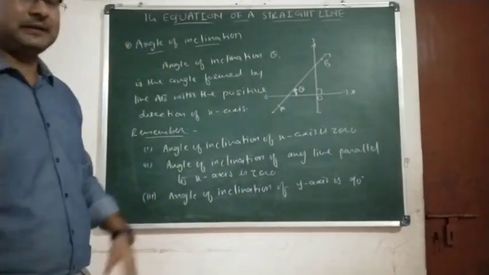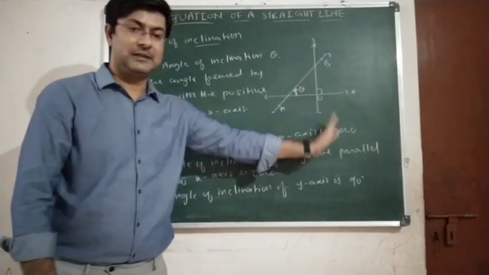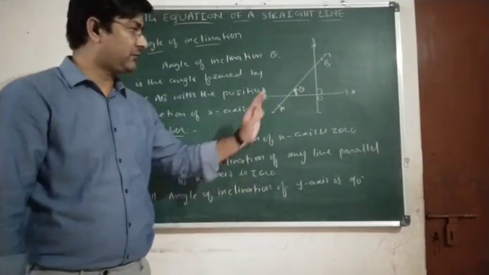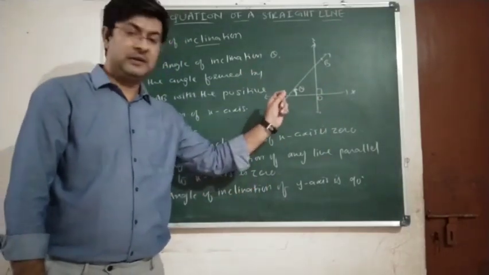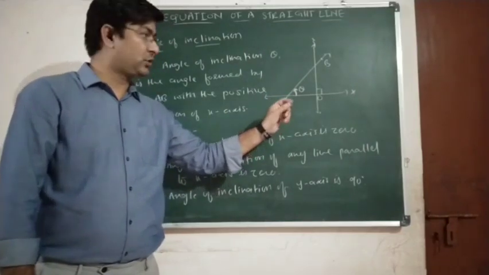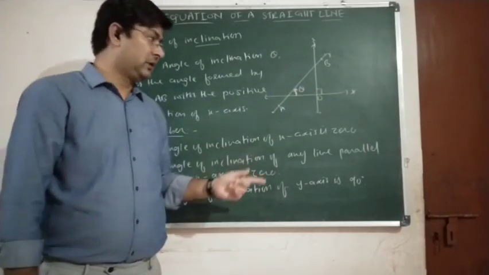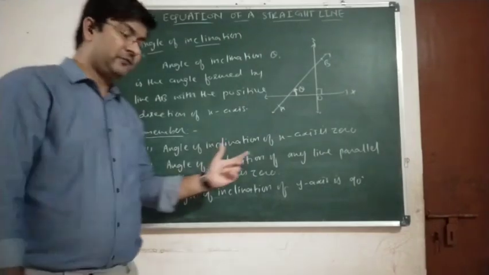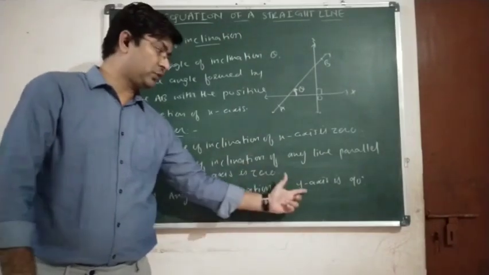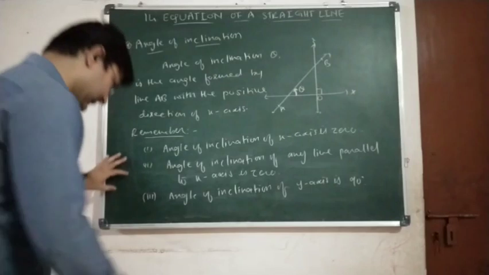And any other line which is parallel to y-axis will also form an angle of 90 degree with the x-axis, and therefore the angle of inclination of that line, parallel to y-axis, will also be 90 degree.